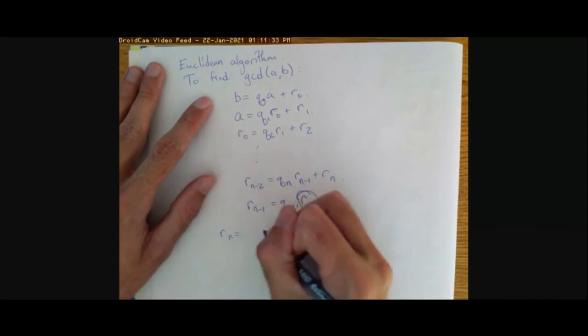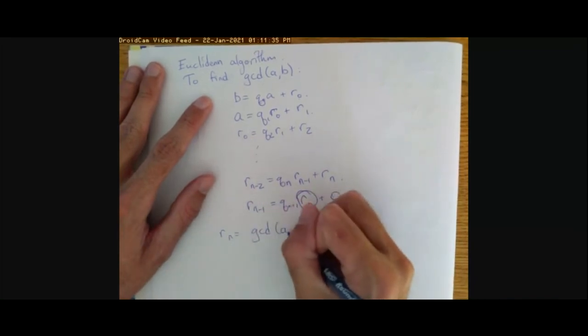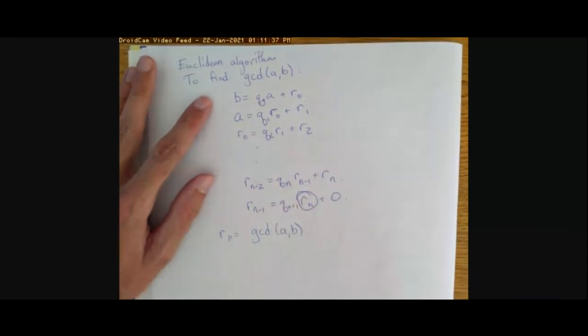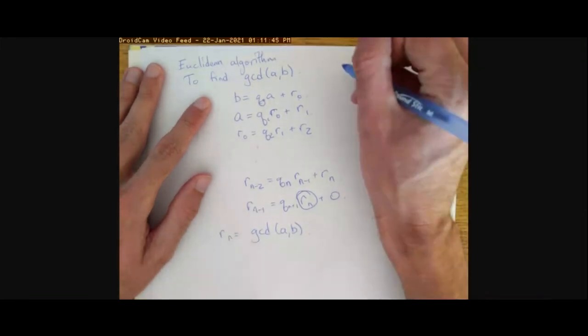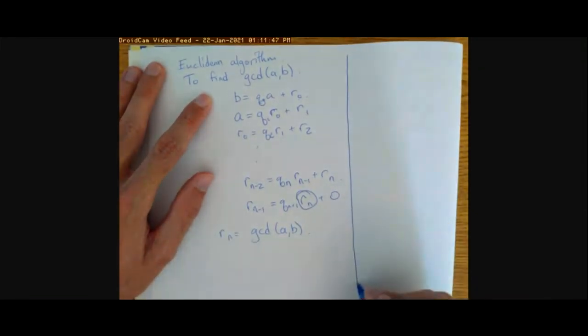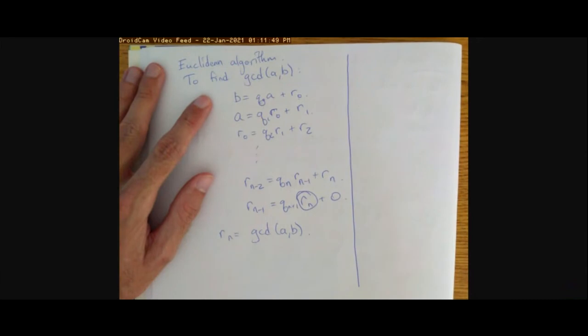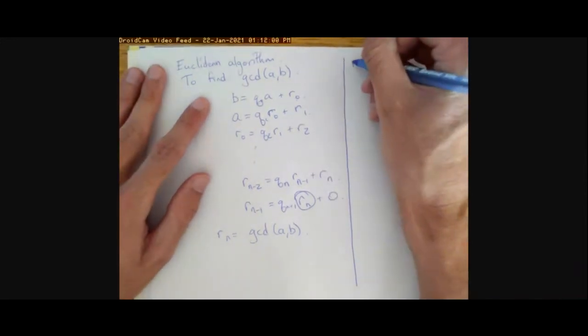And this is the GCD. Okay, and before this, I should have told you about the division algorithm, but that's okay. Let's just do a quick example.